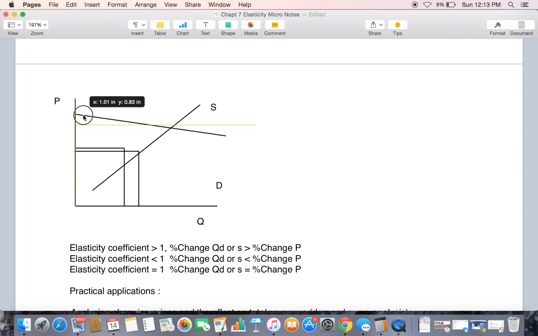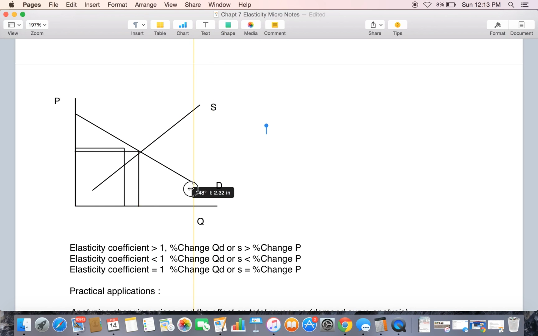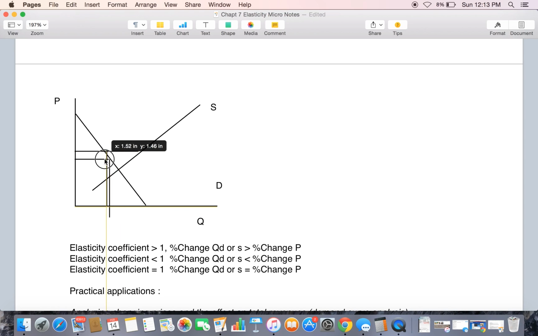Now, what happens if I make this curve inelastic? So, if the curve is much steeper in an inelastic situation, you would see that if I change the price, this area right here representing the change in price, we're still working with demand.